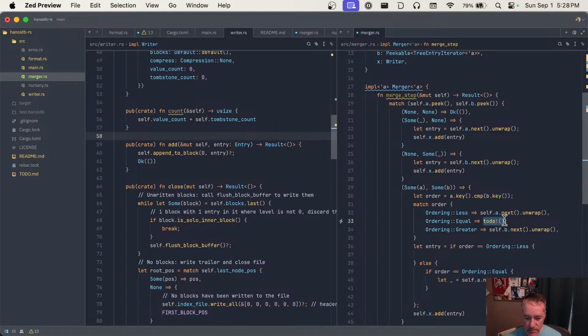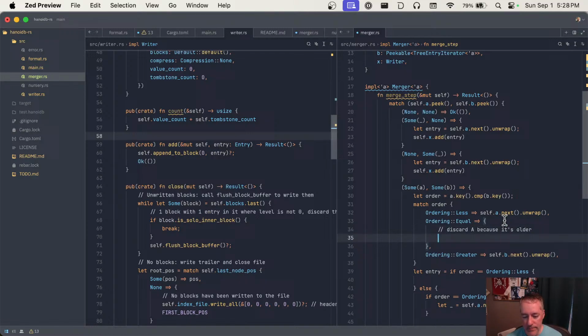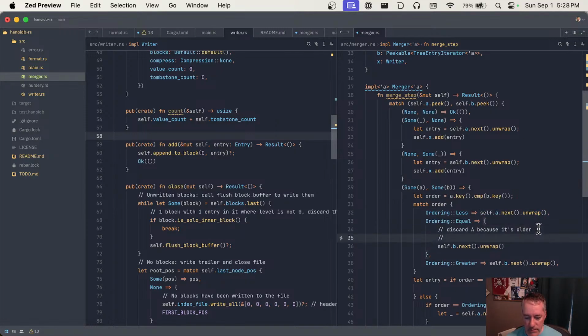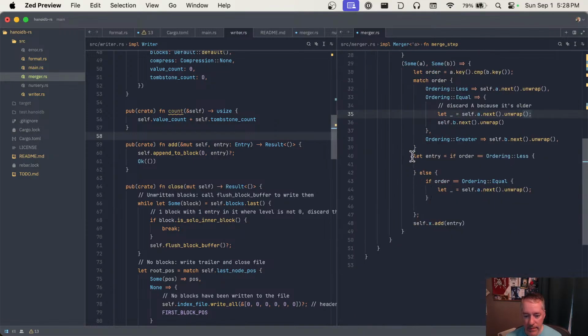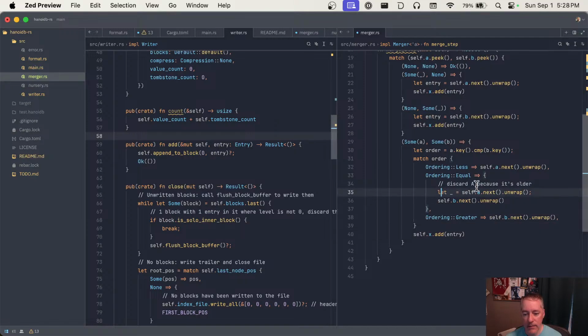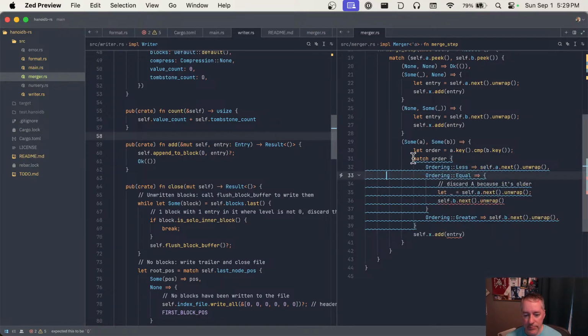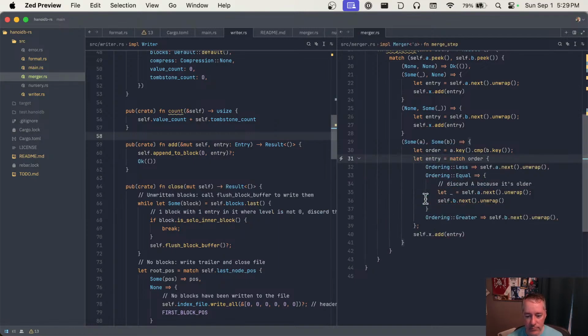If they're equal, then we want to discard A because it's older, right? So we want to return B, but we want to discard A. Okay, I think that's a little bit clearer. That's better.